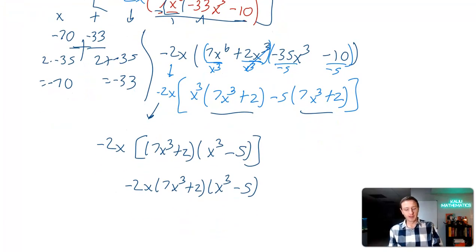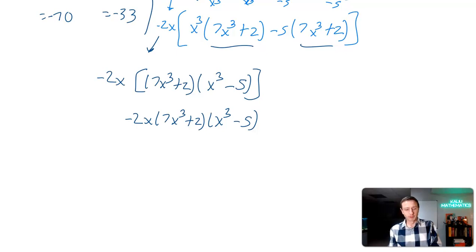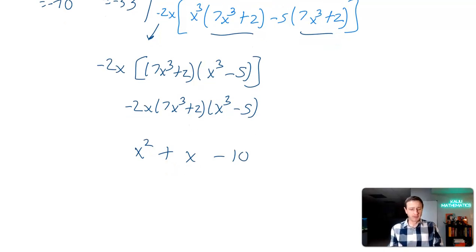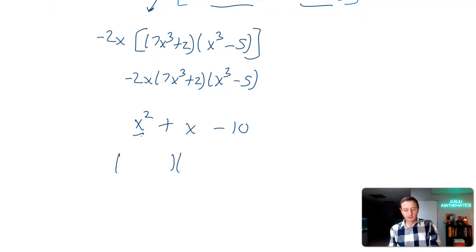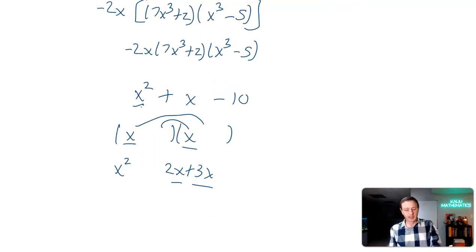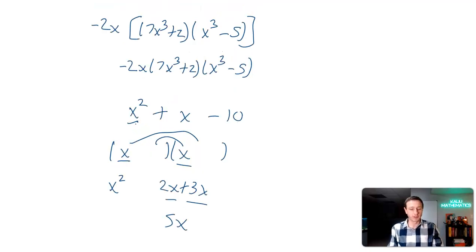Just like if you were left with something like x squared, and then this middle term is x, like I'm just making up something, minus 10. Then the relationship here is x. So when I have these two terms, this is going to be x, this is going to be x, x times x is x squared, and then I multiply this and this, so then I get like 2x plus 3x or something like that, and then that gives me this middle term of 5x.